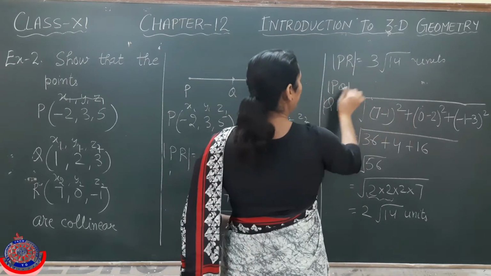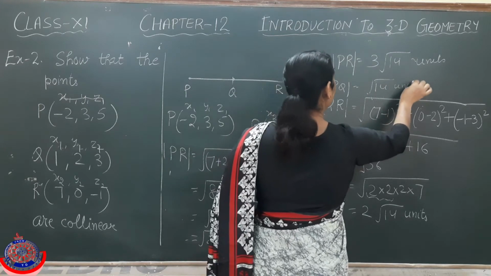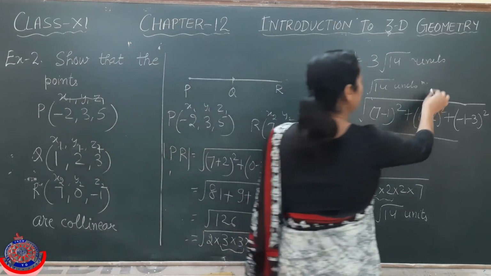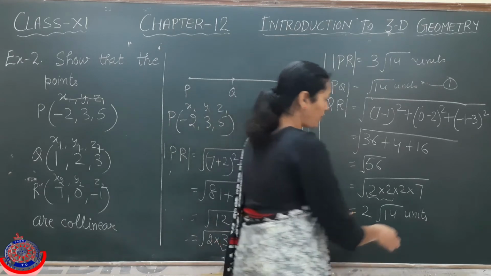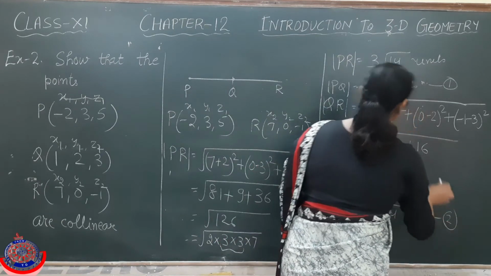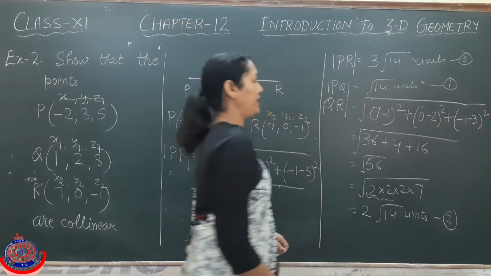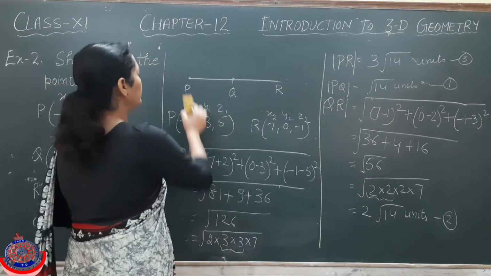So as we have obtained, PQ is root 14, we have already calculated, then QR is 2 root 14, and just now we have obtained PR, that is 3 root 14. So what does it show?